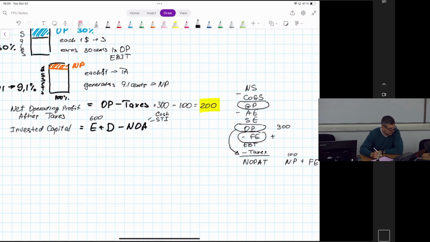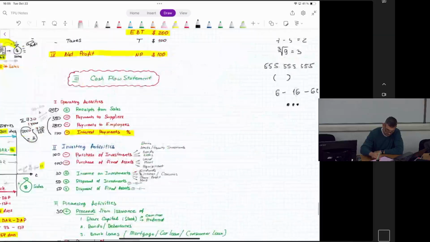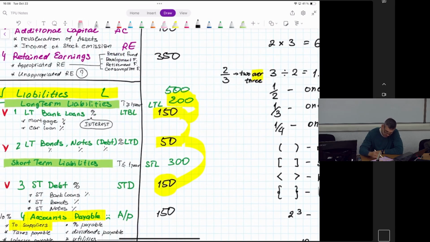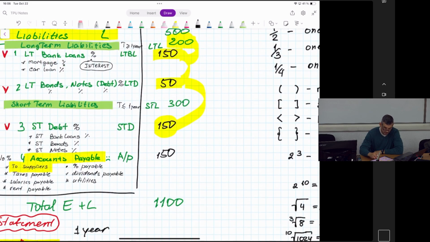Now, with our debt, we need to clarify. Let's see what is part of our debt. Our debt includes the long-term debt, the 200. See, 150 plus 50, and everything but accounts payable, another 150. So 150 plus 50 plus 150 gives us 350.